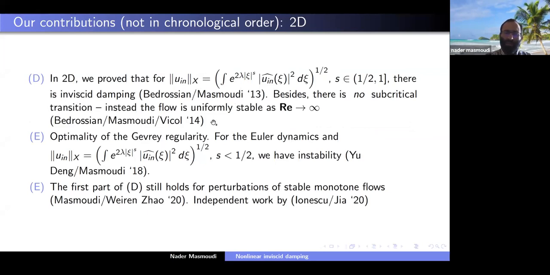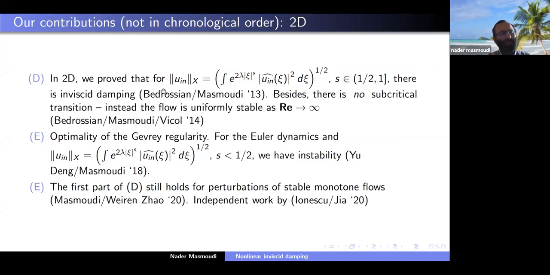So what we proved with Jacob, almost 7 years ago or more, is that in 2D, for the Euler flow, if one takes small perturbation in this space, then we have so-called inviscid damping. I'll be giving a more precise result later.